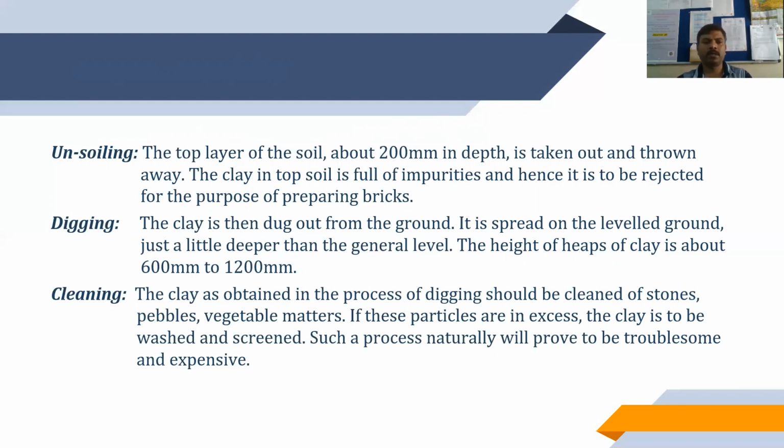Then we filter it through a sieve. We clean it by manual process and make the clay clean from any residue or troublesome material which can cause problems in making of brick.